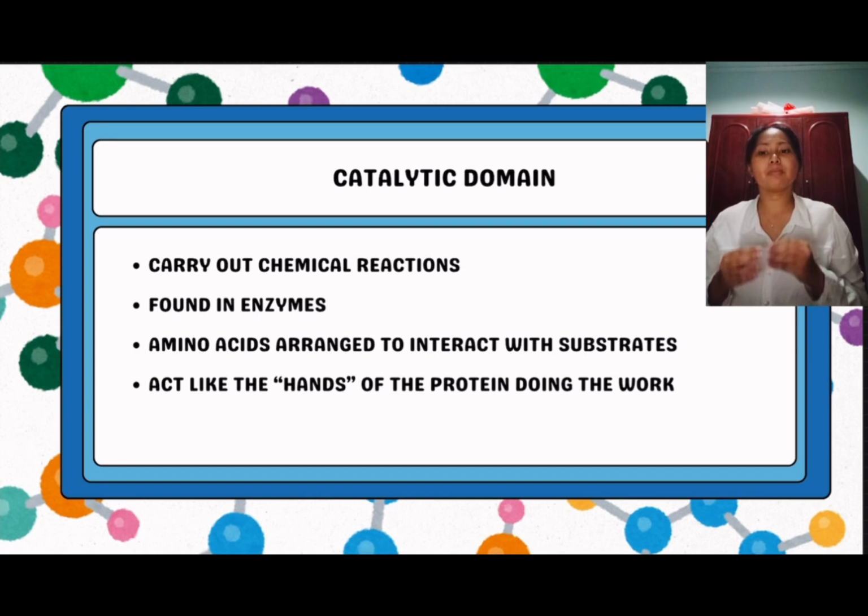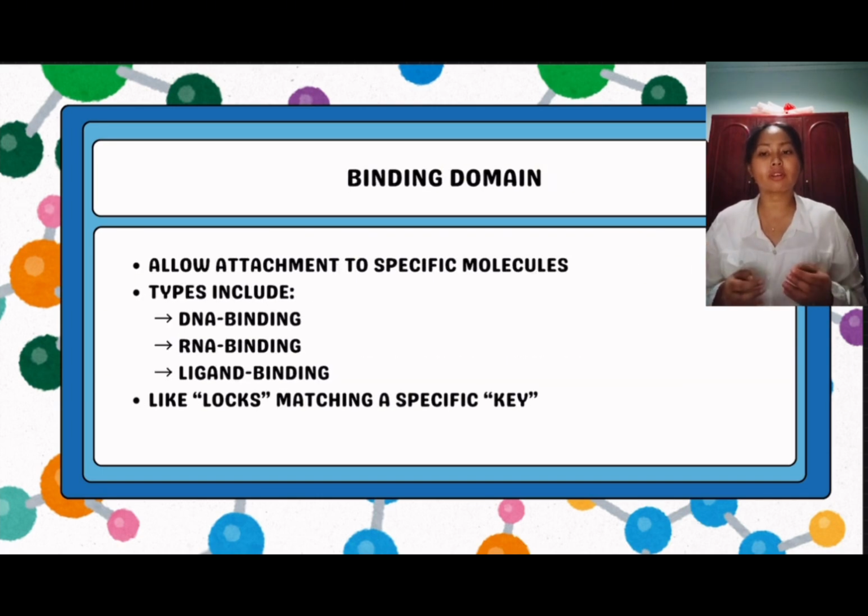Next is the binding domains. These domains help the protein recognize and attach to molecules such as RNA, DNA, and small ligands like hormones or ions. There are several types depending on what the domain binds to, like the DNA binding domains, which include zinc fingers and helix-turn-helix motifs, commonly found in transcription factors and help control gene expression.